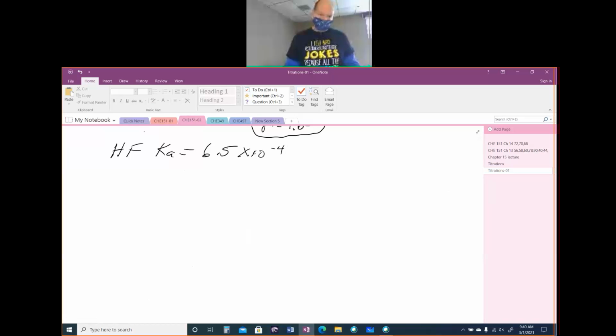All right, so when you're calculating, you cannot just look on a Ka chart. The Ka of HF is 6.5 times 10 to the minus 4. I have a 0.10 molar NaF. Calculate the pH.